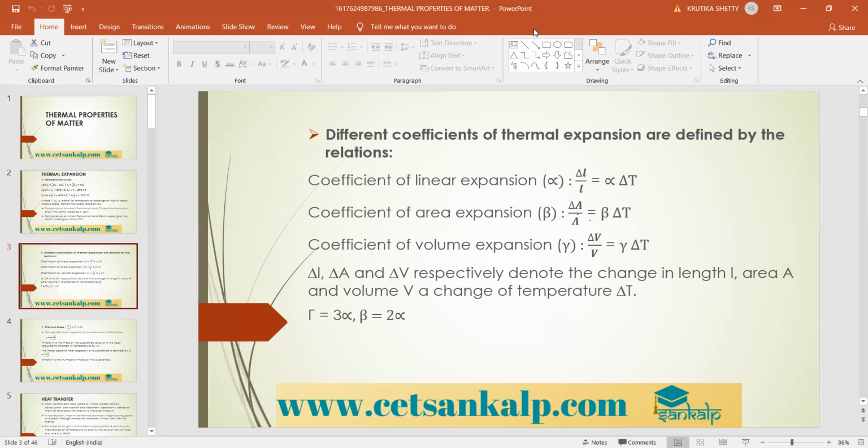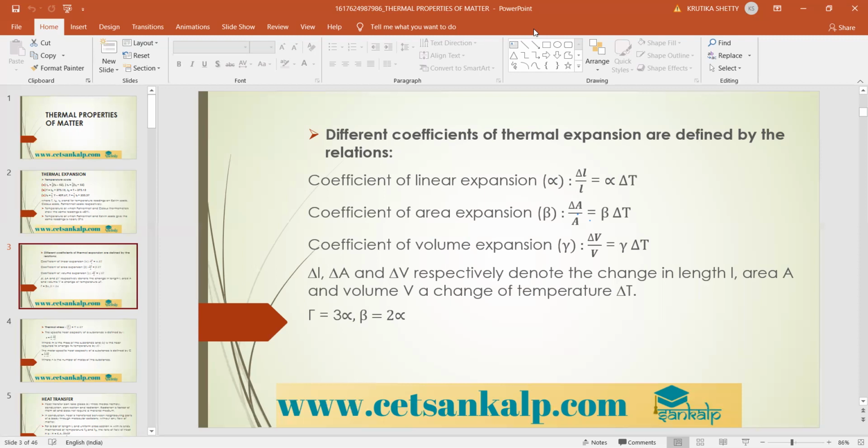Here, delta L is the change in the length, where L is the original length, meaning before heating the length of the rod is L. After heating, the change in the length is denoted by delta L, where delta T is the change in temperature.